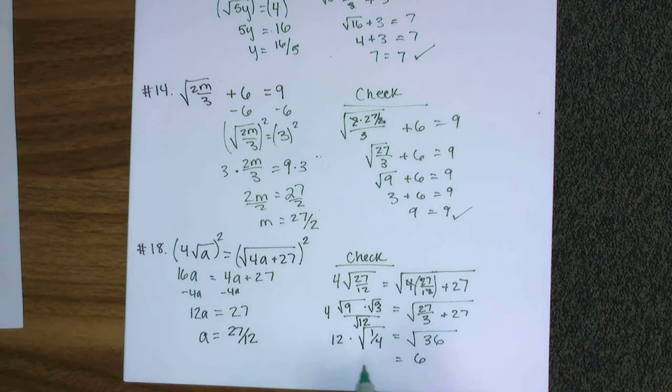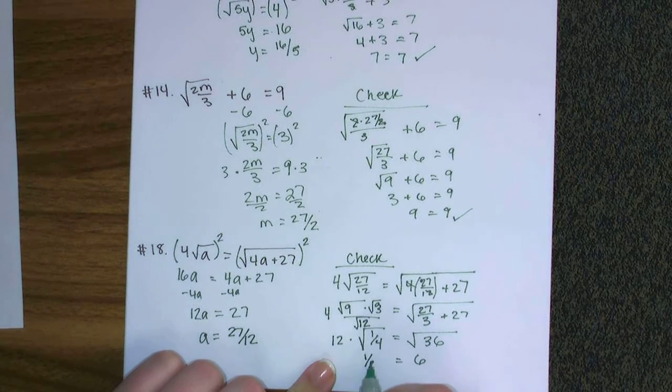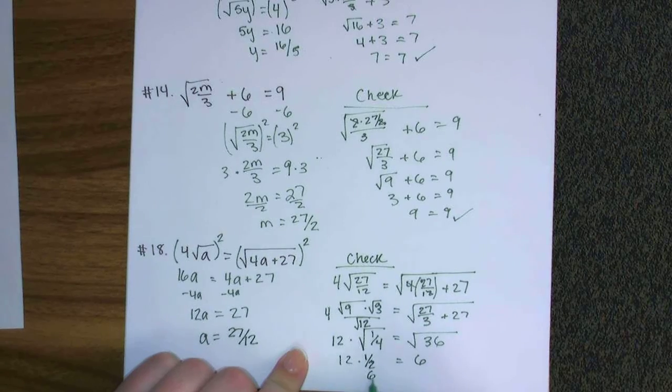Oh, I see what I did. Okay. So then the square root of 1 over 4 is 1/2, times 12, 6 is equal to 6.